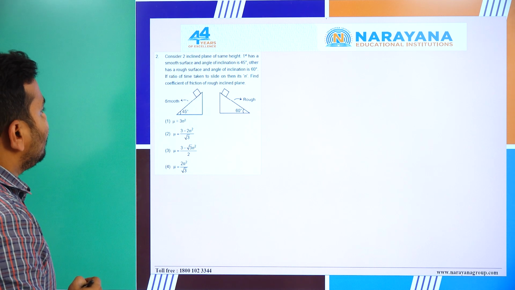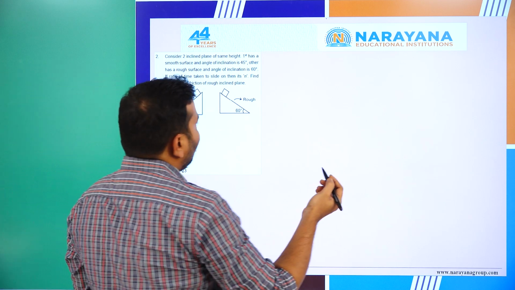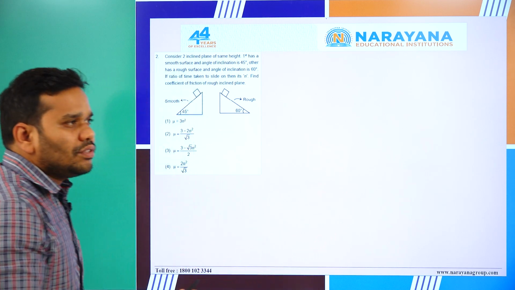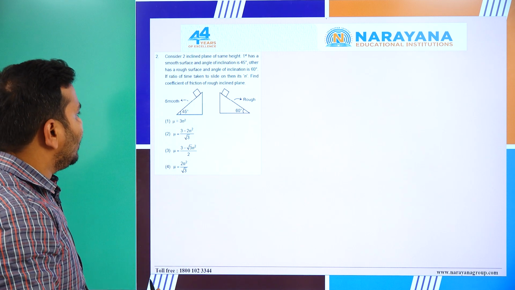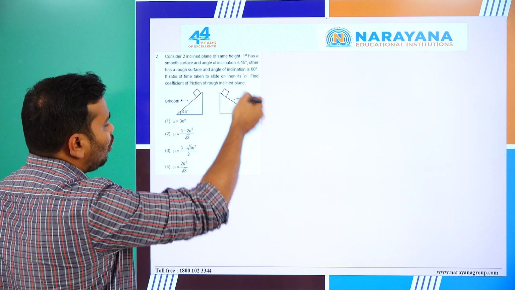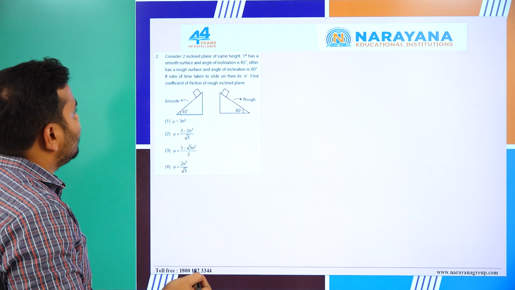Now, see, this is the rough one and this is the smooth one. On a smooth inclined plane, the acceleration we know is g sin theta. Over both the inclined planes, it comes down and travels some distance.